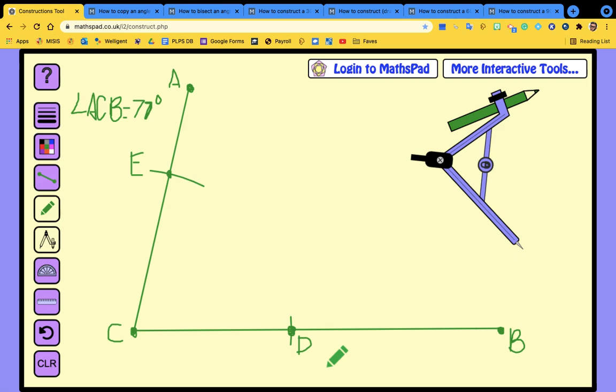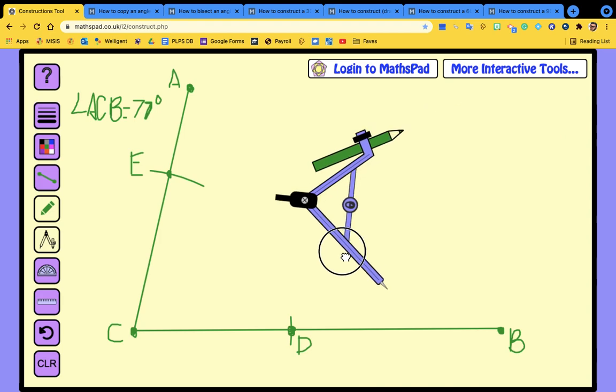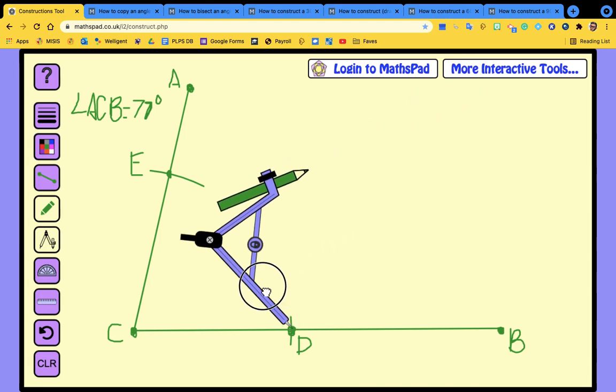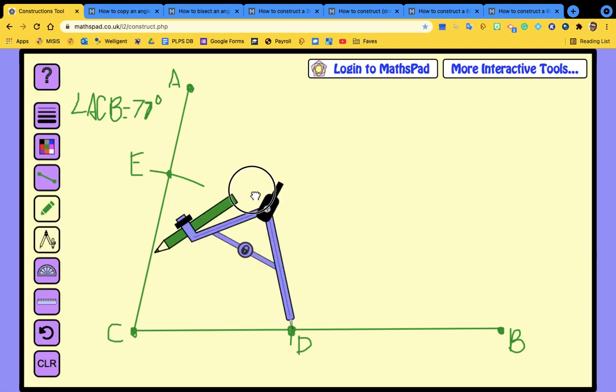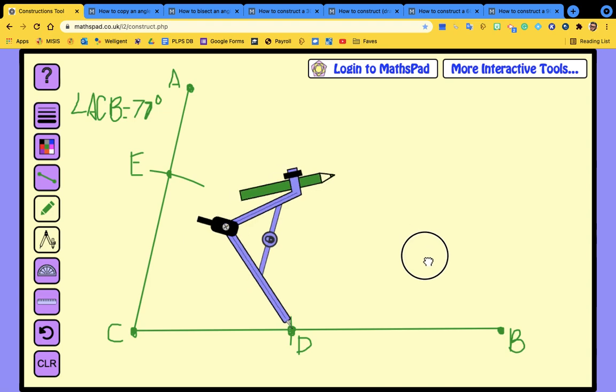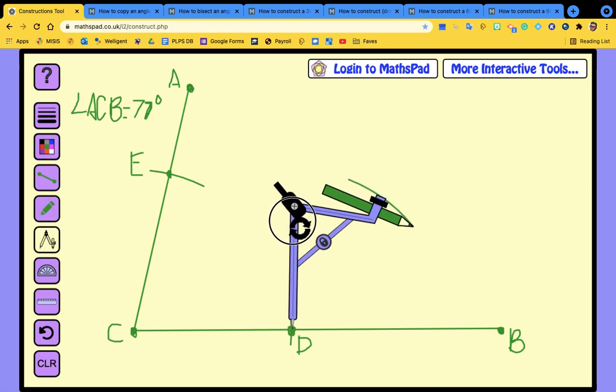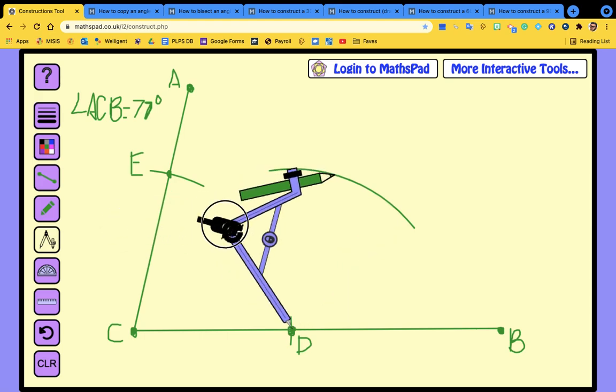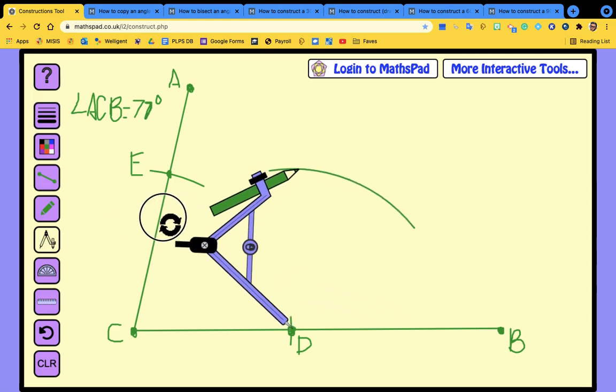All right? Now, watch this. I'm going to take my compass, same opening, and put it on D, and watch what I'm going to do. Watch this, everybody. Okay, I'm going to make it arc, just like this. Big arc, just like this.